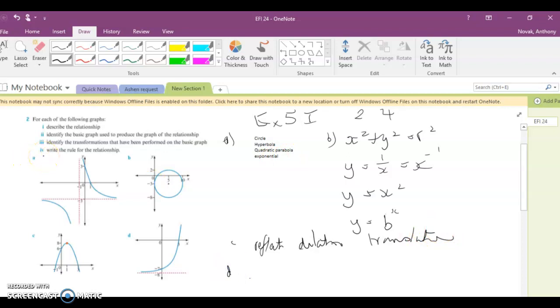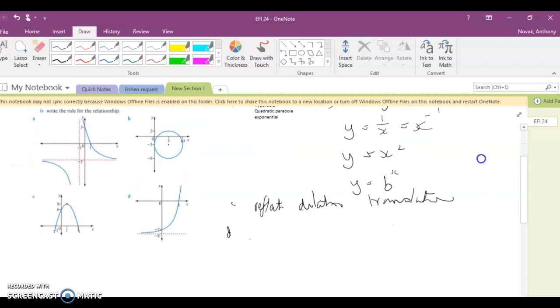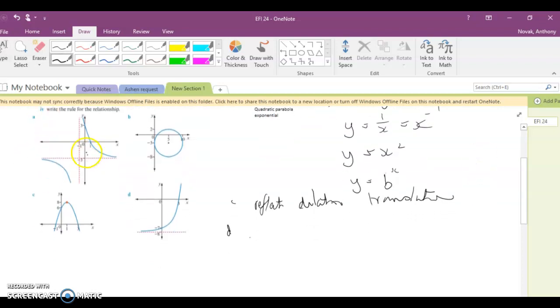So I'll just do the first one, which is the hardest of all, and you recognize that that is a hyperbola, which is from the family of y equals 1 over x, but with different transformations, it'll be plus or minus depending on the reflection, the dilation, which is a over x, plus or minus h, which is the left or right, and plus or minus k.